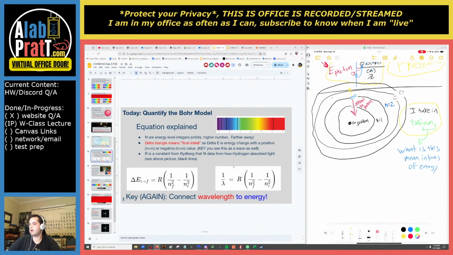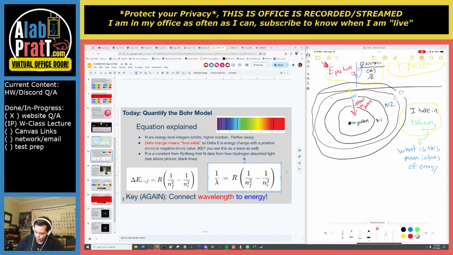So we're looking at how there's a relationship. If we know the right R, we can have this final and initial state. And so our way to start setting up this equation is saying that 1 over 486 nanometers is equal to R. We're going to have to choose the right R, times 1 over our final state, which we don't know what it is, but we do know what our initial state is.